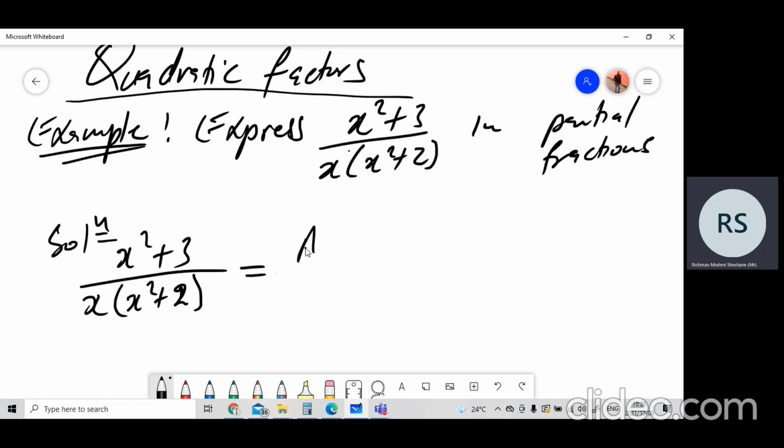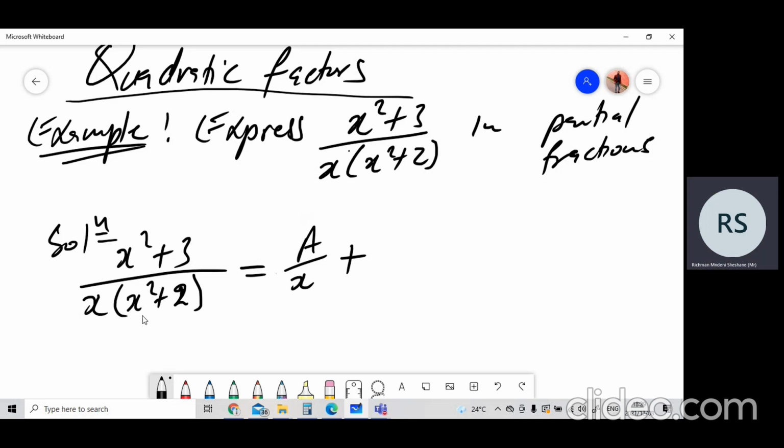This x would give us a constant over that linear, which is x, plus another factor, and this factor is a quadratic. A quadratic will give you a linear over a quadratic. Yeah? A linear will give you a constant over a linear. A quadratic will give you a linear over a quadratic.